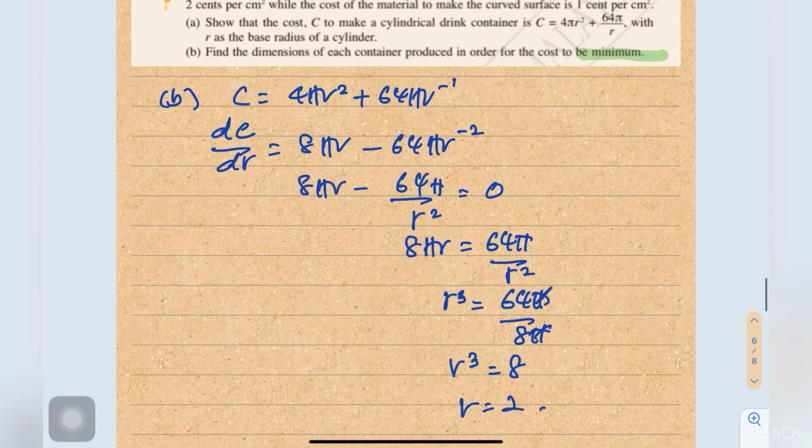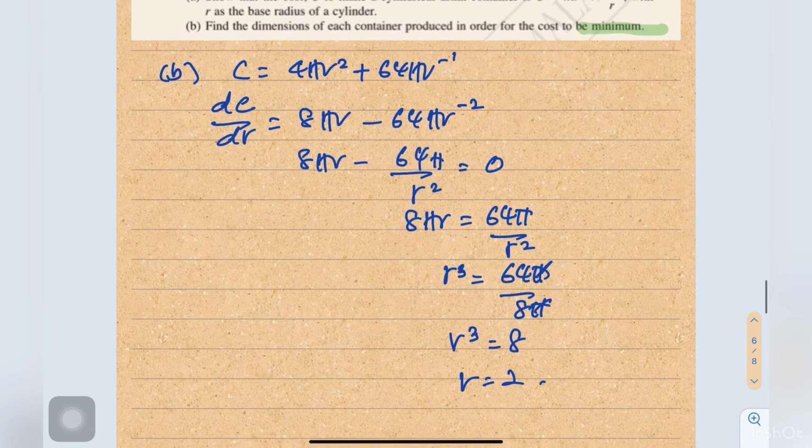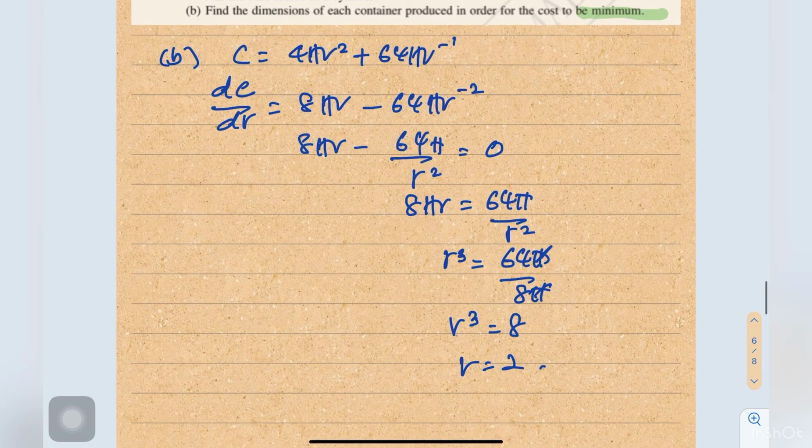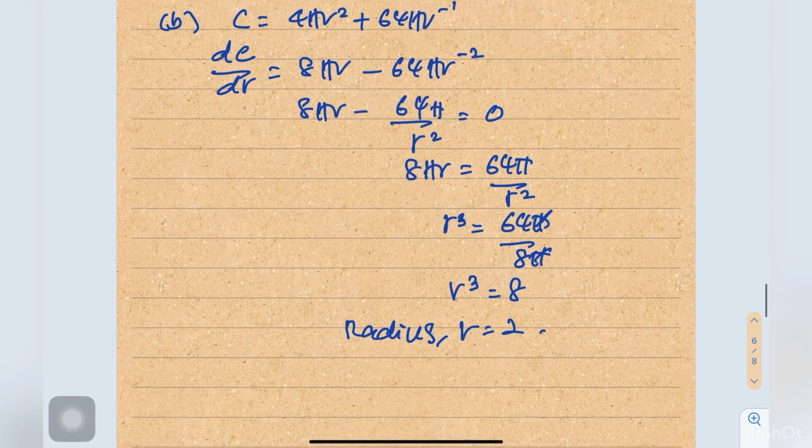Okay, so the question asks you to find the dimensions. Okay, so r is the radius, so radius r equals 2. So another dimension is height.